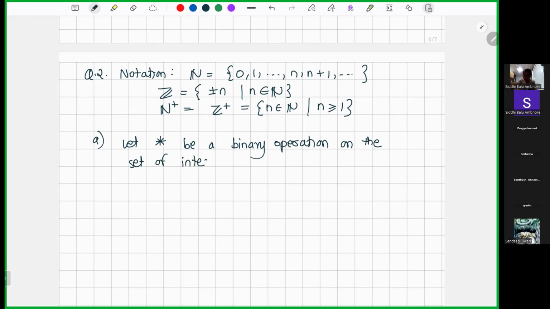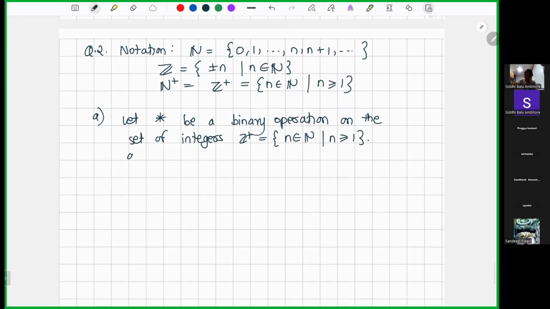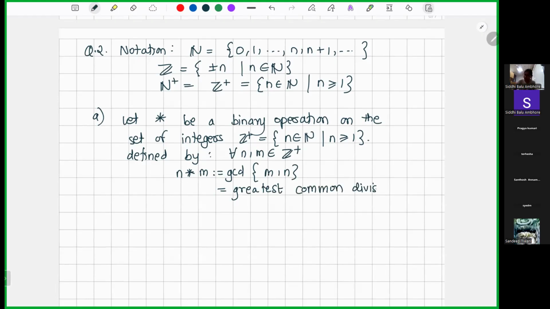Okay, so star is a binary operation on the set of integers Z plus, that is all those n in N such that n is greater than or equal to 1, defined by m star n equals GCD of m comma n, that is, the greatest common divisor of m and n.